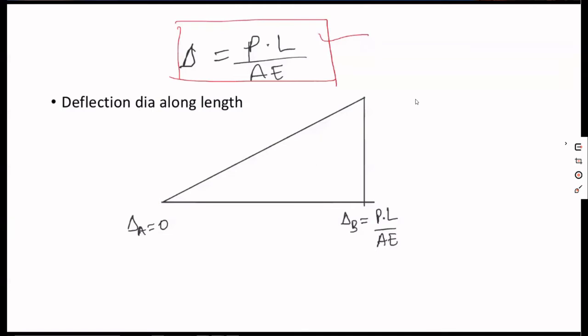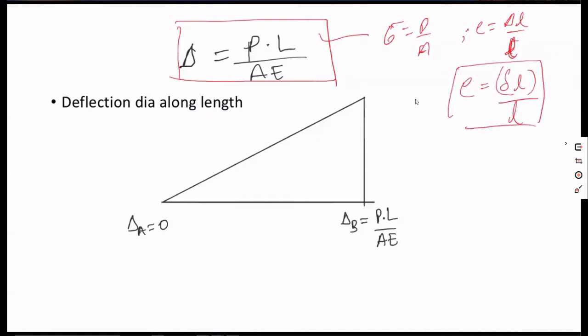We know from the stress-strain diagram that stress is equal to P by A and strain is equal to delta L upon L. That is the change in length, delta L, over the total length L. So this is my strain. And now we know from Hooke's law that sigma is equal to strain into E, where E is the modulus of elasticity.